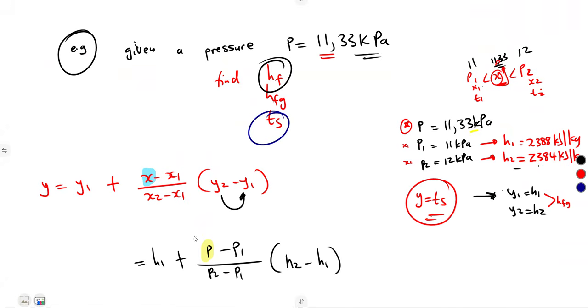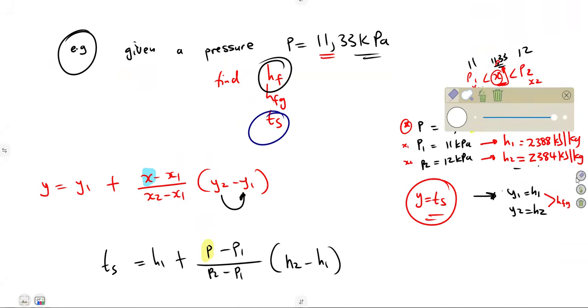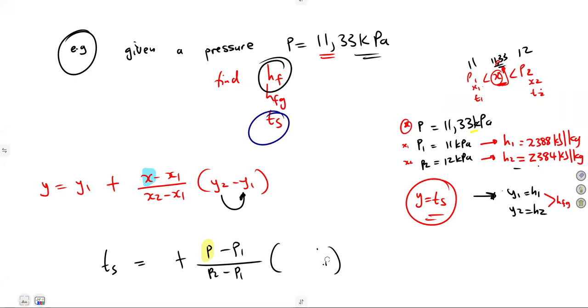So here it's no longer h1 and h2 in this formula. Why, guys? Because our Y corresponds to Y1, Y2. So if Y is representing Ts, it means Y1 is T1.